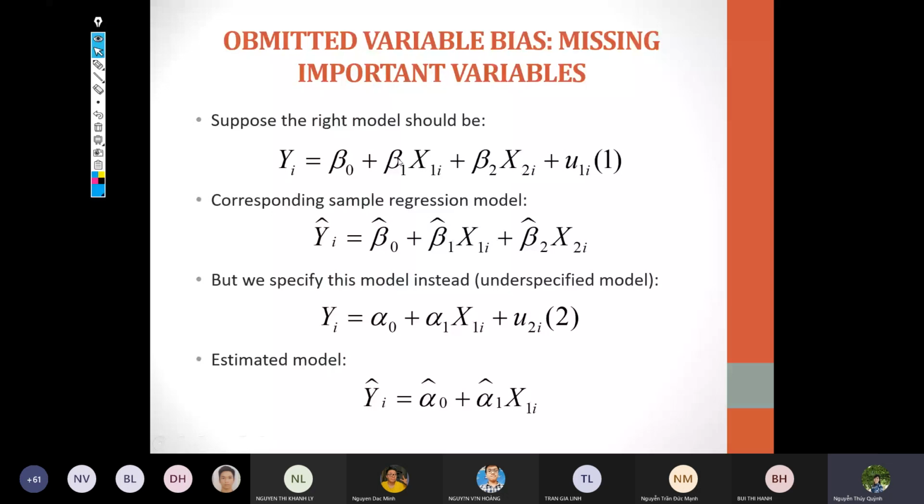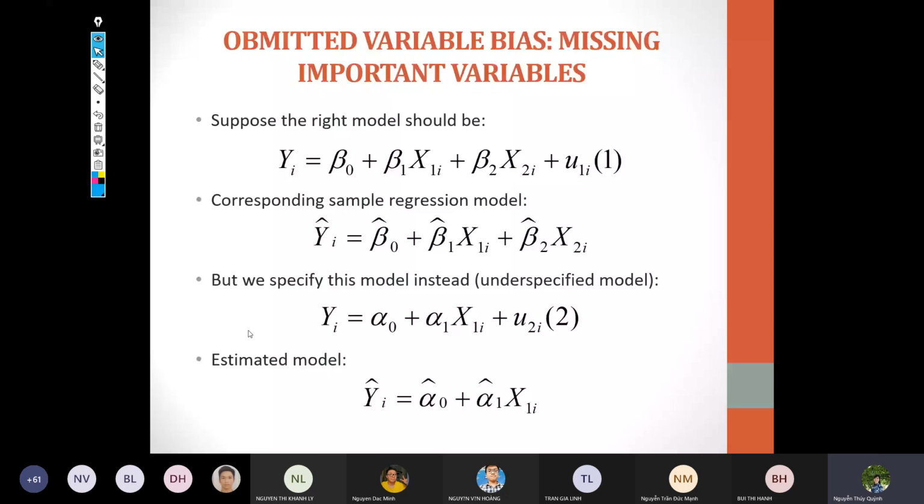Because this model is the correct model and it satisfies all the basic assumptions of the classical linear regression model, beta 1 hat is the best unbiased estimated effect of x on y.